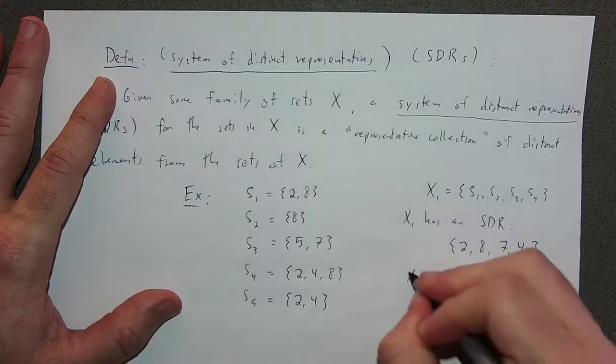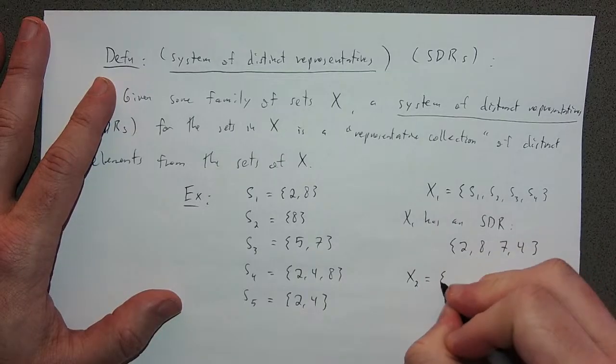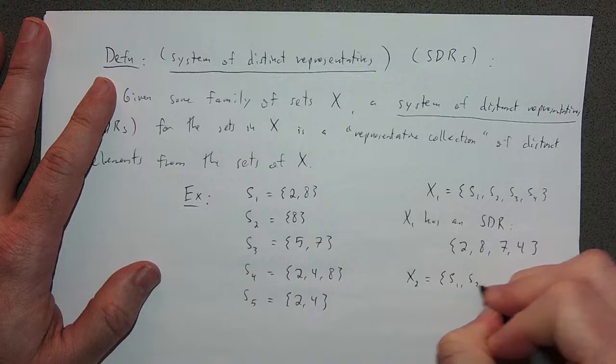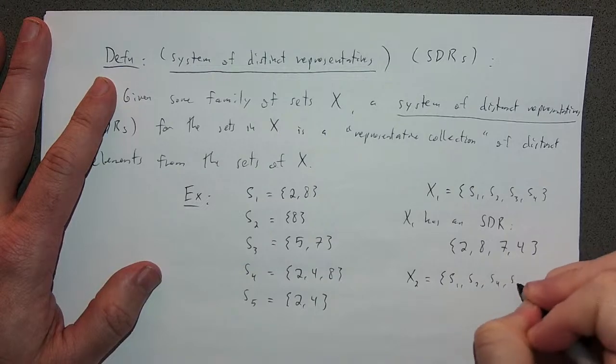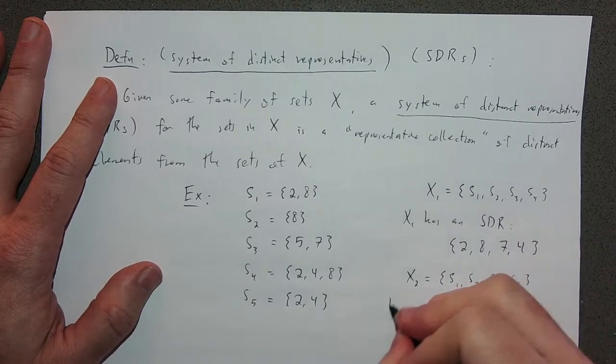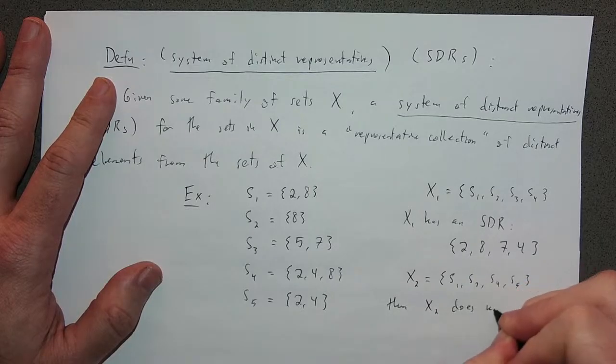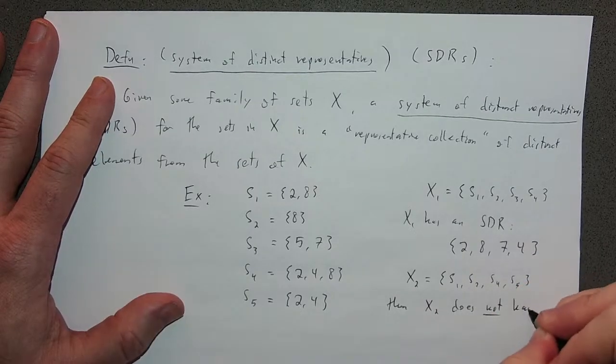But if I let X2 be the family S1, S2, S4, S5, then X2 does not have an SDR.